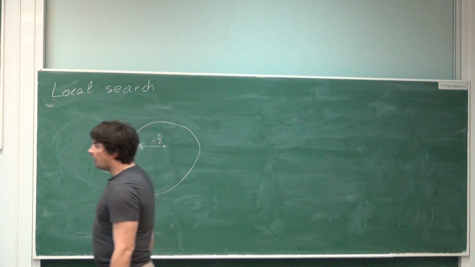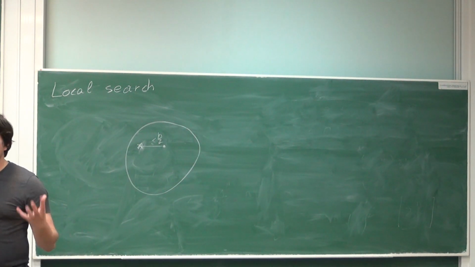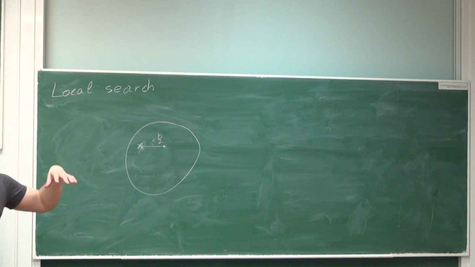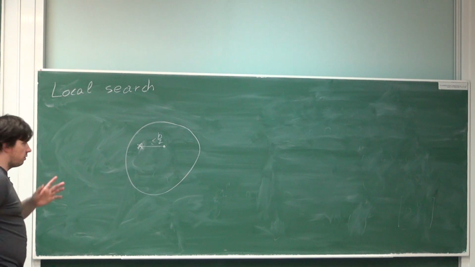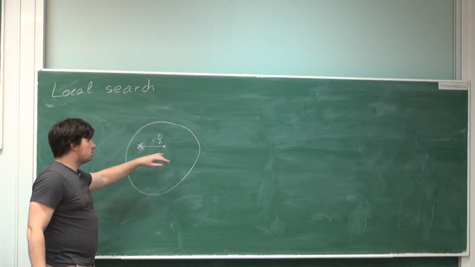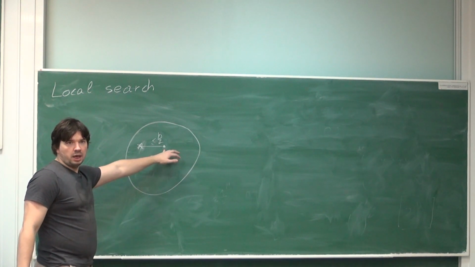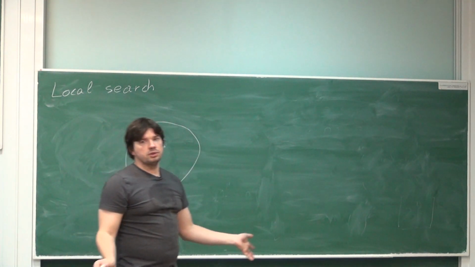So the algorithm that we're discussing can be modified from picking all zeros and all ones and doing local search for them to just drawing a random point and doing a local search from there.